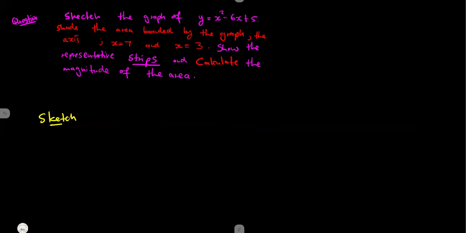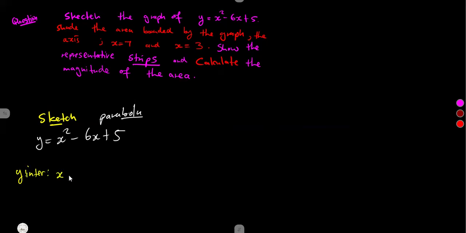Our graph is given as y is equal to x squared minus 6x plus 5. So as we have a parabola, we need the x-intercept, y-intercept, a lot of things, all right? So the y-intercept is on a condition that x must be 0 for us to have the y-intercept.